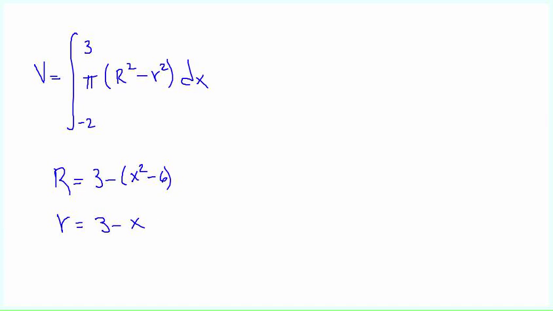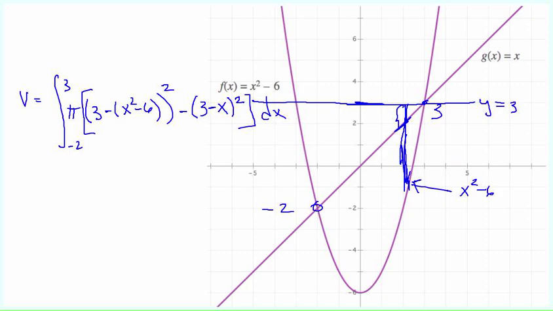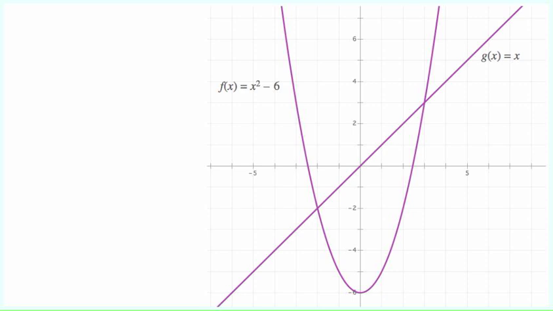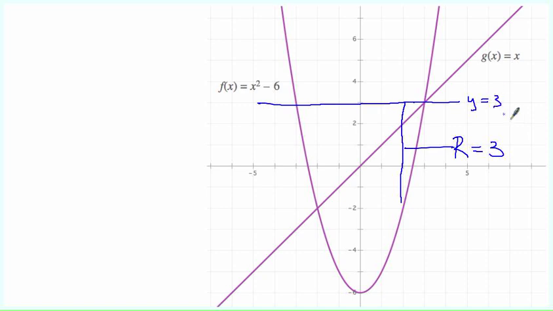Okay, let's go back. I'm gonna clean this to make this again. So this is my big R, correct? So this R is this number 3, because y is 3, minus this y, but this y is x squared minus 6, x squared minus 6, this goes in parentheses.